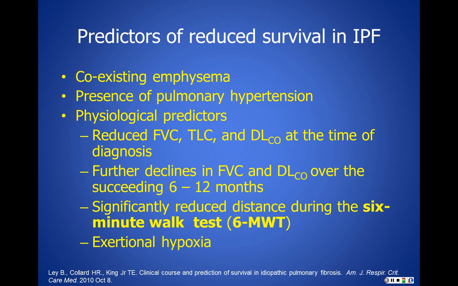So it may not be very relevant. The 6-minute walk test was projected as the test in the early 2000s, but slowly we are learning about it in the geriatric population. It's not a great test in geriatric patients. Okay? Exertional hypoxia, that's an important thing we need to remember.